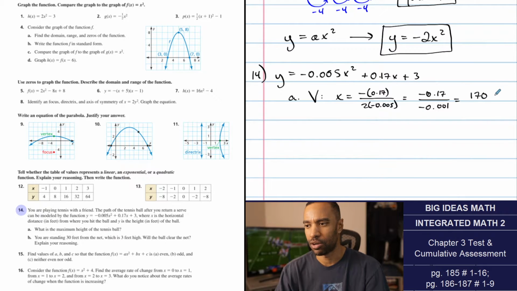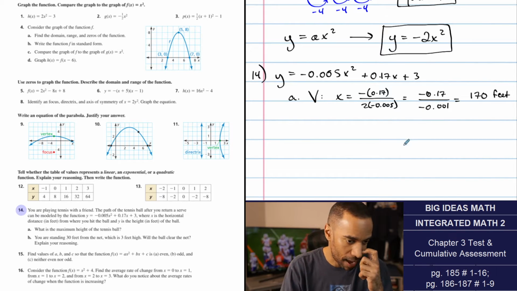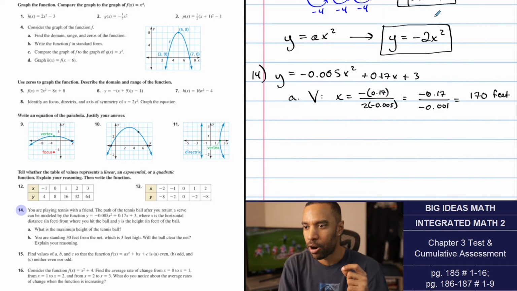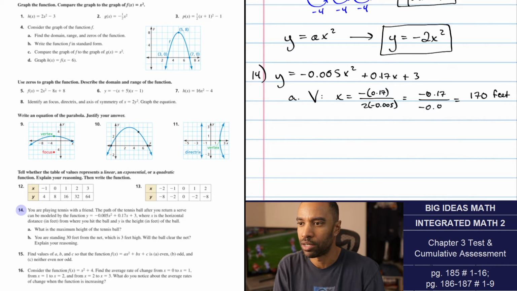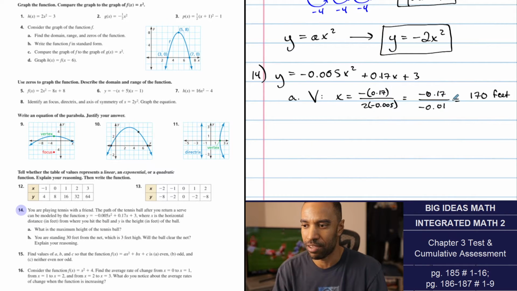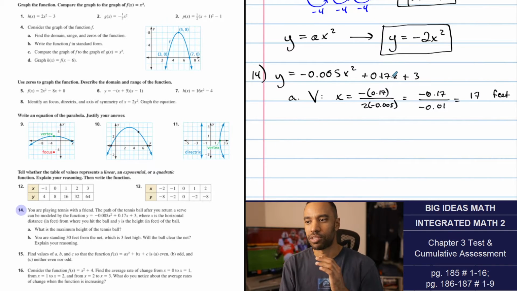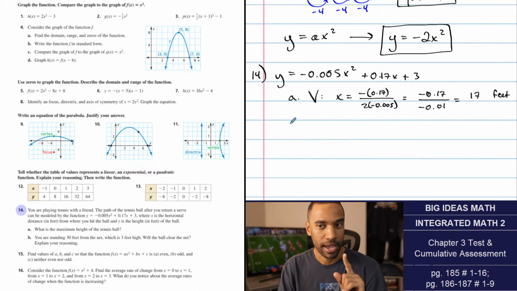I think that's 170 feet. That's not the maximum height. That's the distance where the maximum height is hit. Pardon me. This is not going to be -0.001. This is -0.01. I was going to say that is a long tennis hit even for being half the height. So this will be 17 feet. That makes more sense. Okay, 17 feet is not half the height. 17 feet is where the maximum height occurs.